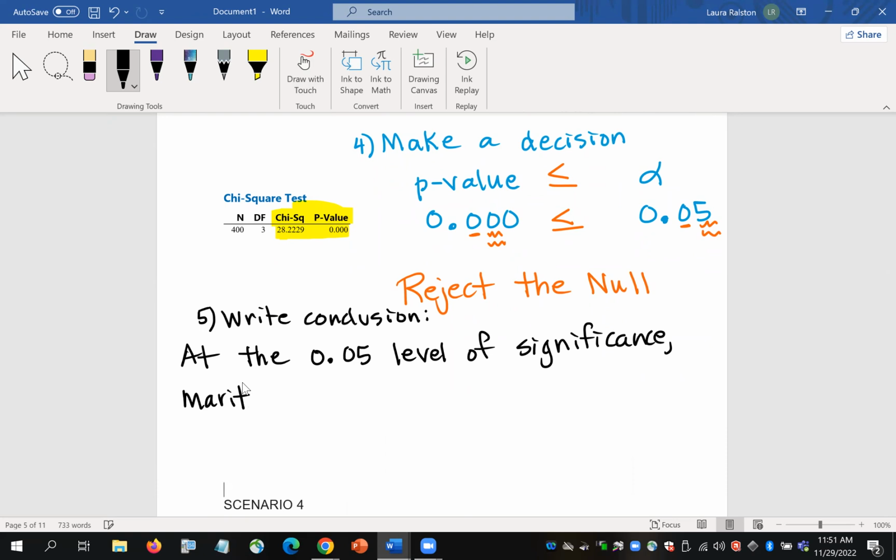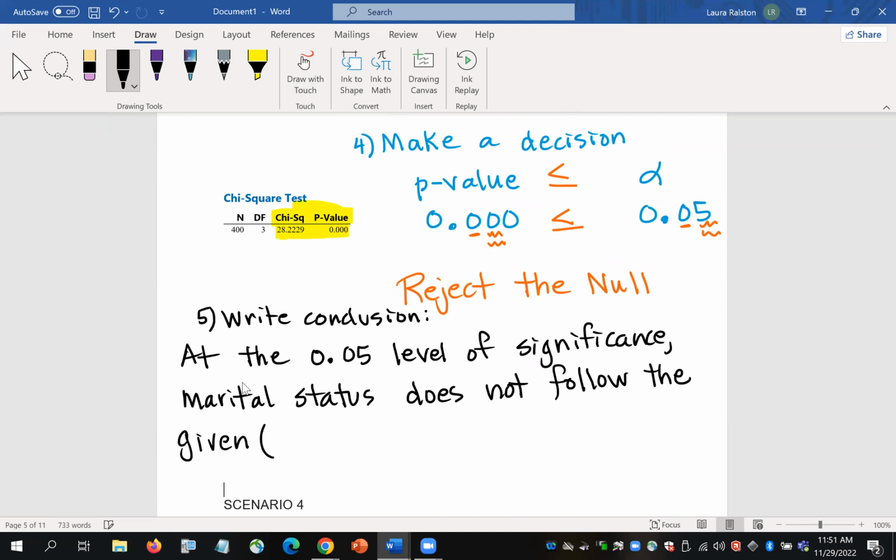marital status does not follow the given or stated distribution. And again, you could write out what that distribution is.